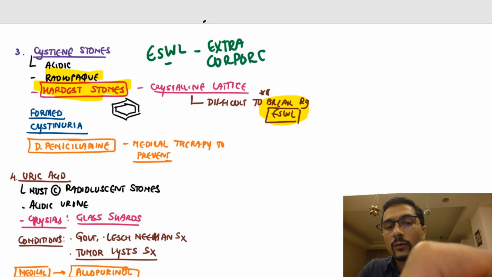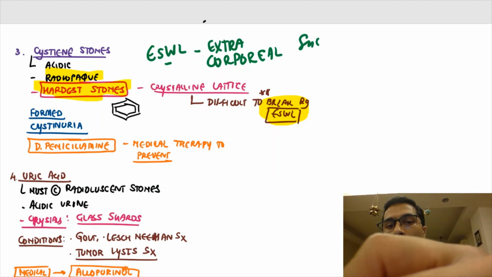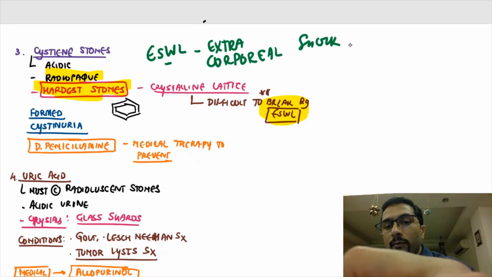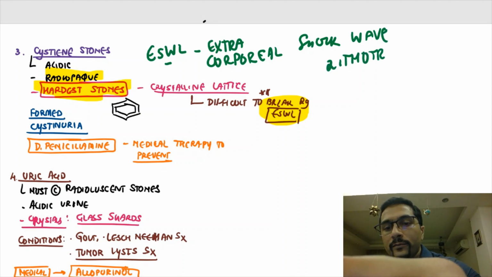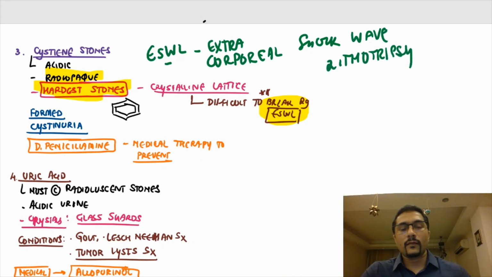So extracorporeal shock wave lithotripsy is ESWL. You should know the full form. Uric acid stones are the most common radiolucent stones, and they can be seen in gout and tumor-lysis syndrome.